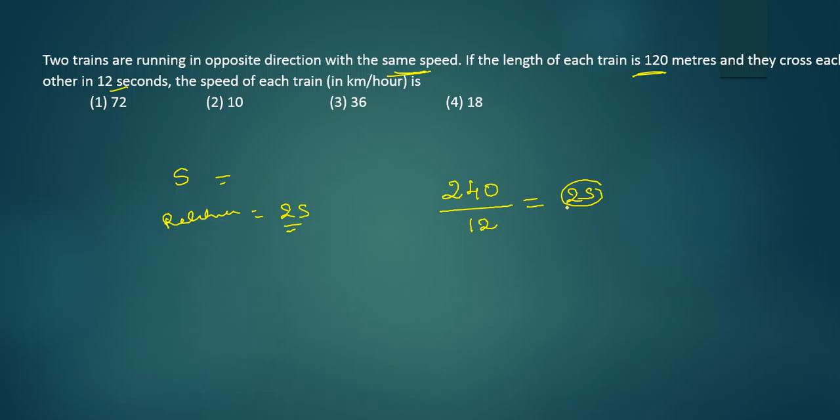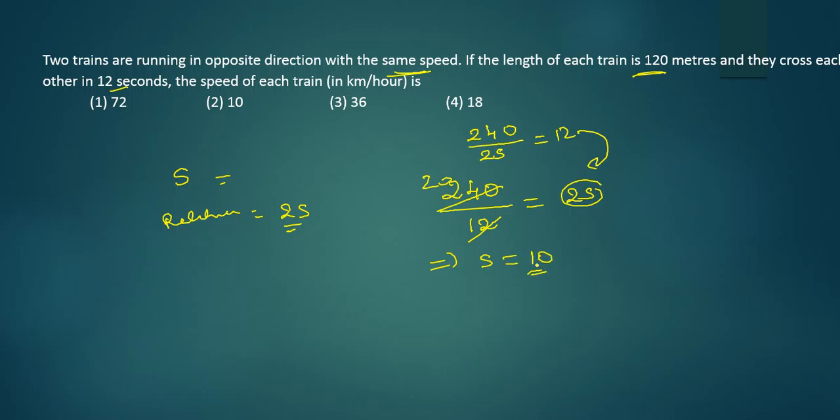Relative speed is 2S, which is equal to 12 seconds. Or I'll write one more step: 240 by relative speed 2S is equal to 12 seconds. This is the next step. Bringing 12 to the left hand side and 2S to the right hand side, 12 twenties is 240, which implies S is equal to 10.